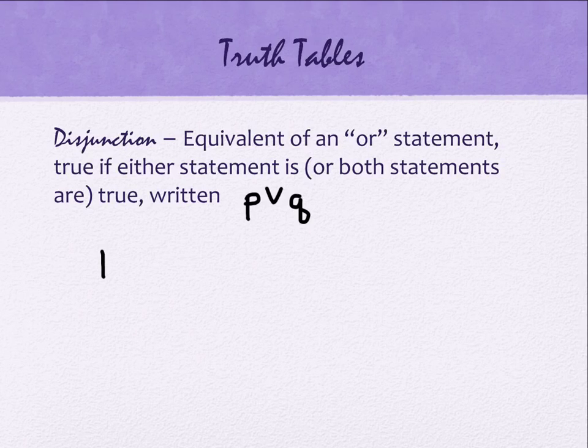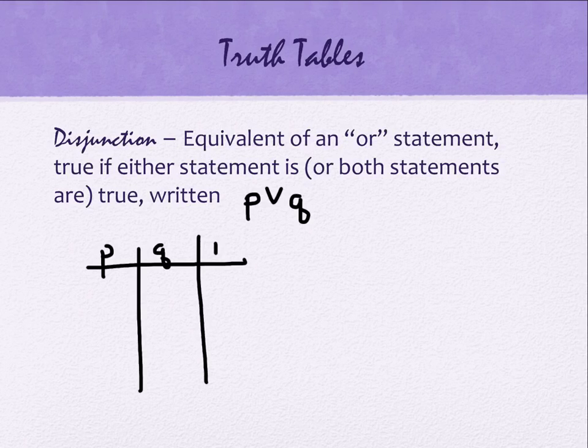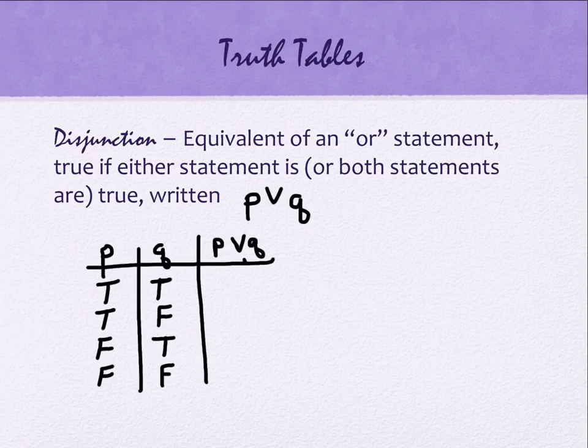So when I create my truth table, I've got the P column, I've got the Q column, and I've got the P or Q column. Just like on the last problem, I'm going to have true, true, false, false in the P column. And my Q column is going to say true, false, true, false. So even if you don't know what to do next, you can always start these problems, okay? Because they always start out the same way.